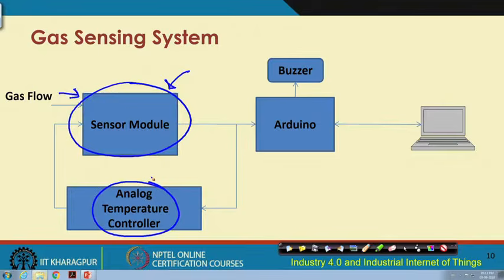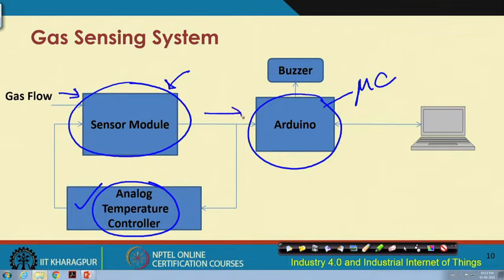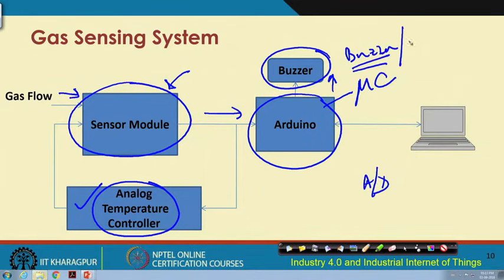So, the controlling of this temperature is done through this particular controller, the analog temperature controller. Then you have some kind of a microcontroller which will help in doing some processing of the data, the analog or the digital data that comes into the microcontroller, and then some kind of alert like some buzzer or something could be used in order to generate the alert.